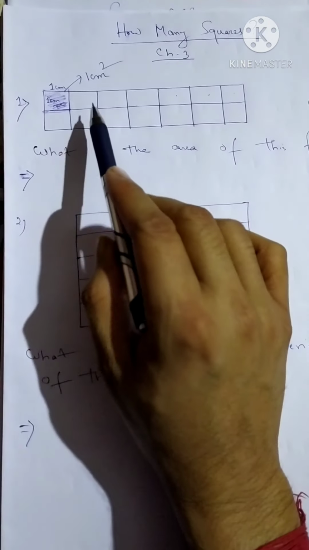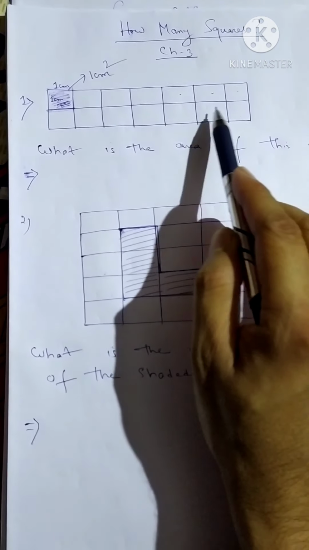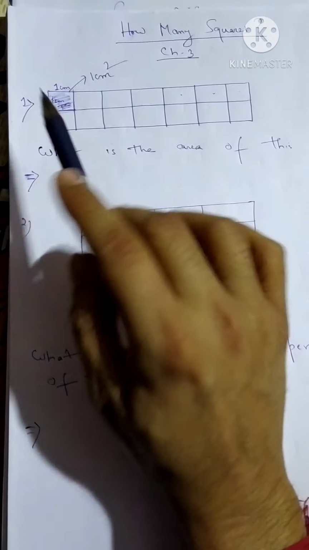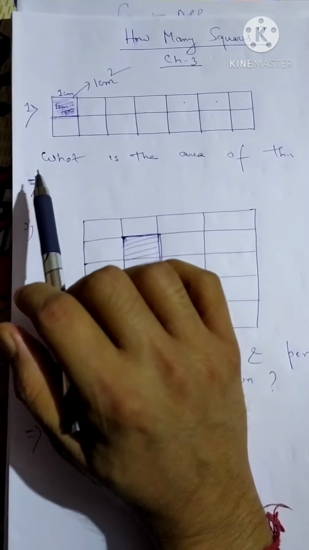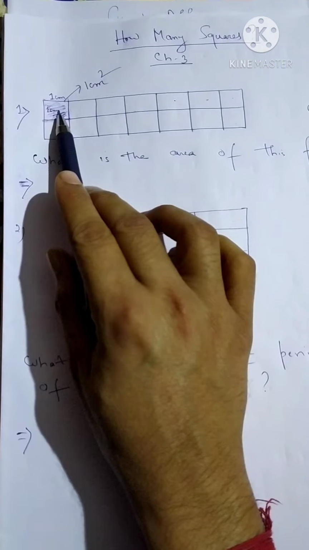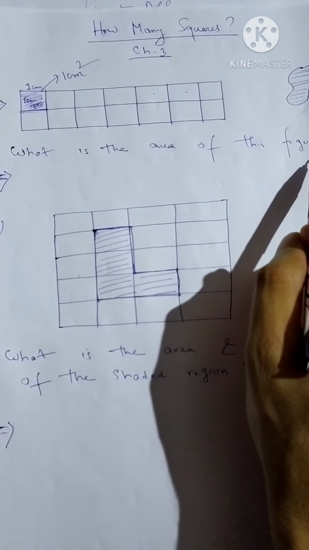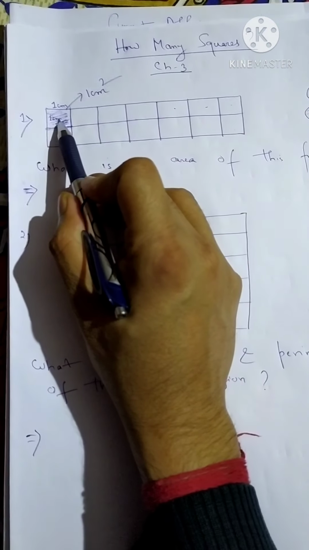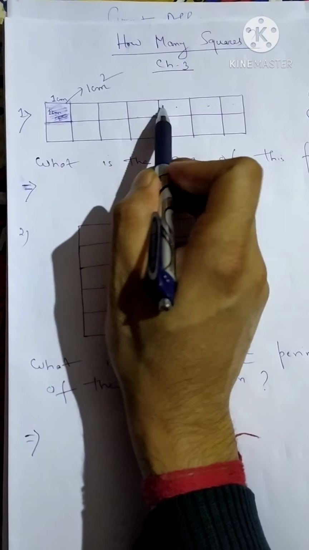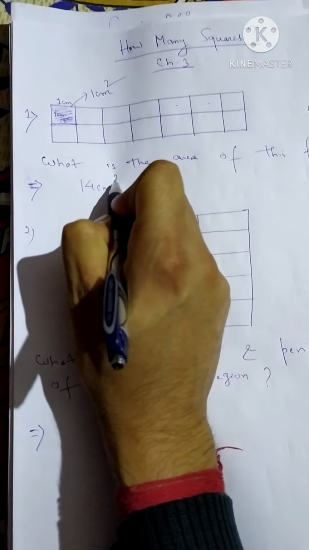So how many squares are there? 1, 2, 3, 4, 5, 6, 7, 8, 9, 10, 11, 12, 13, 14. So there are 14 squares. Each square has an area of 1 centimeter square. So what is the area of this figure? 1 square is 1 centimeter square, so 14 squares will be 14 centimeter square.